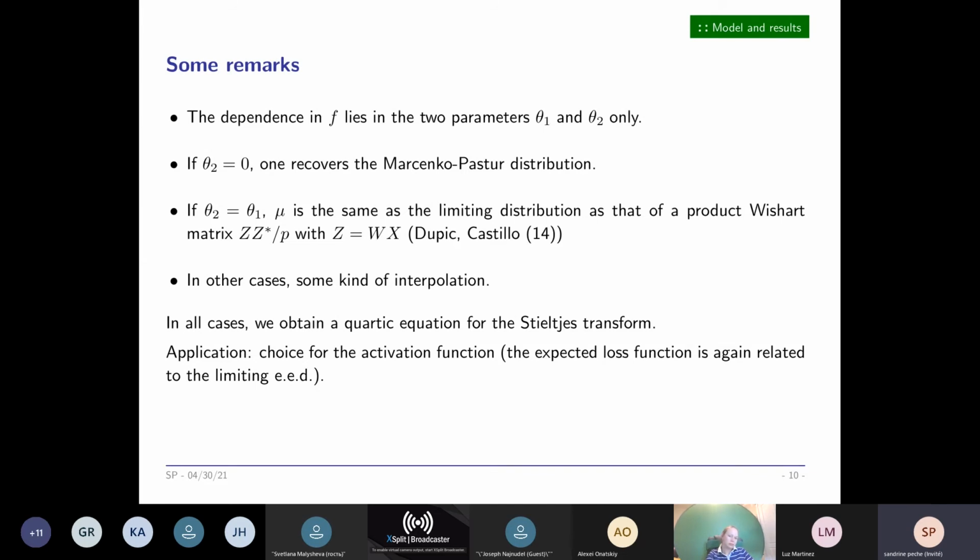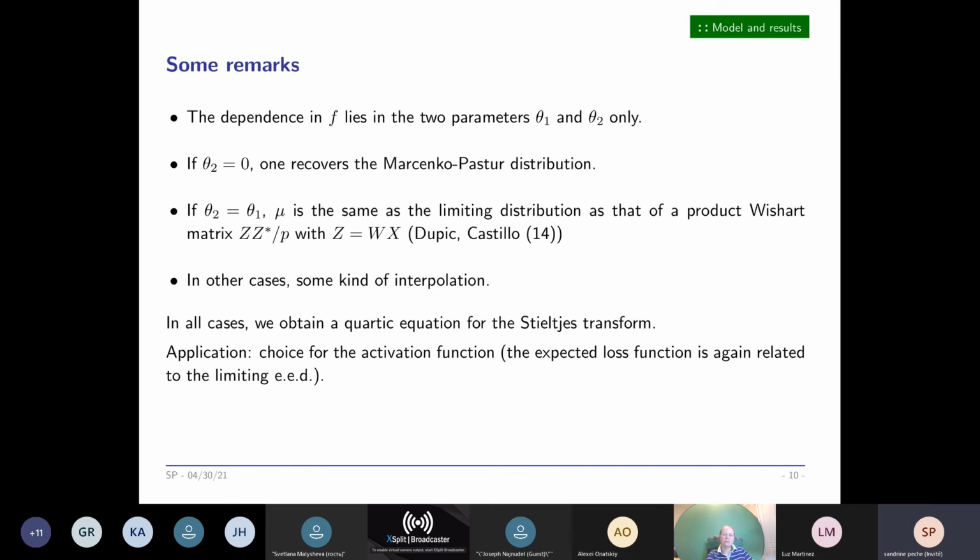So this is not really a surprise. This limiting distribution has been studied. There are some references missing here by Dupic, Castillo, Ekman, and it may also be known as the Rayleigh distribution. There have been a lot of papers about this distribution in the last decade. And in all other cases, as I explained in one of the previous slides, this is some kind of interpolation. Okay.